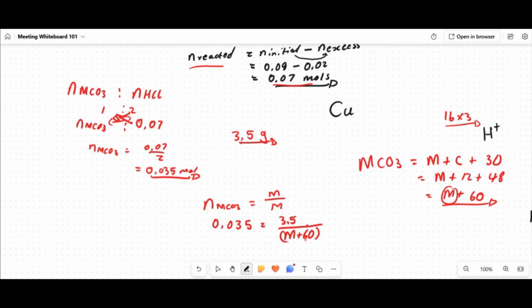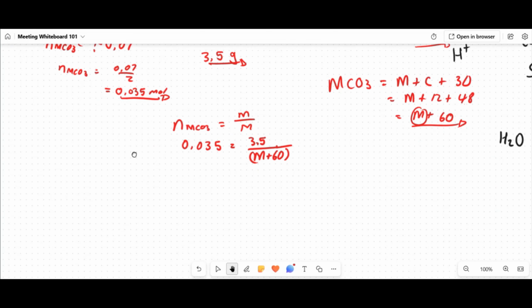This is just maths. Now you know how to work it, but for me, maths is complex. I struggle with maths. So what I was going to do, I was going to cross multiply here and get 0.035 multiplied by M plus 60. This is what I have. And then I have 3.5. Then I divide both sides by 0.035.